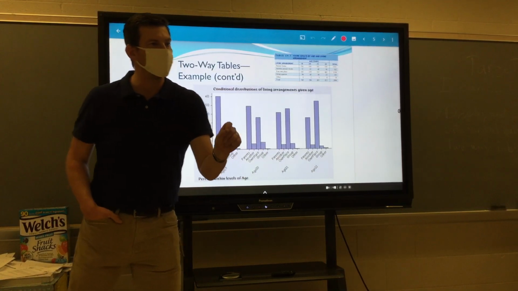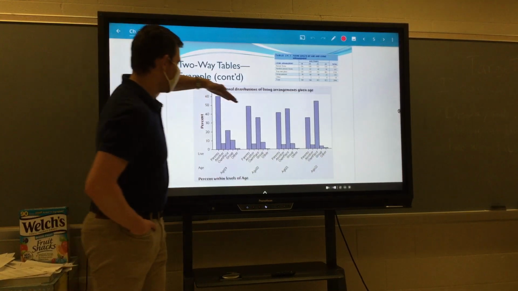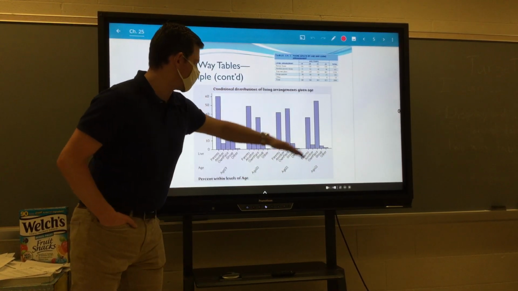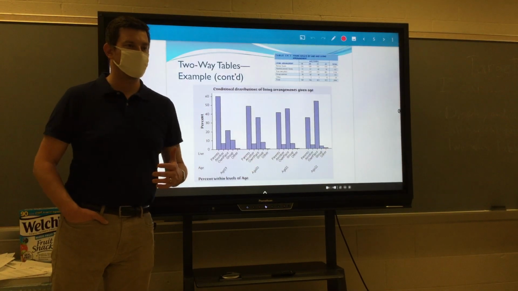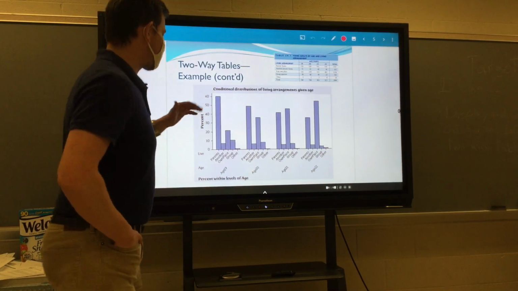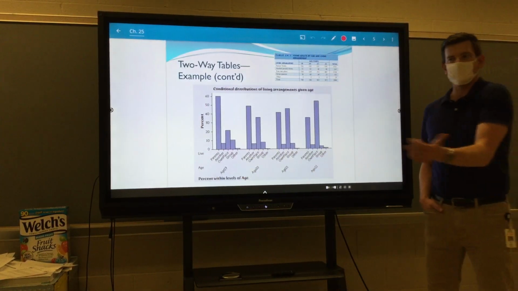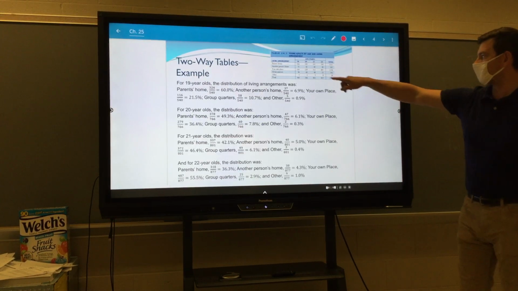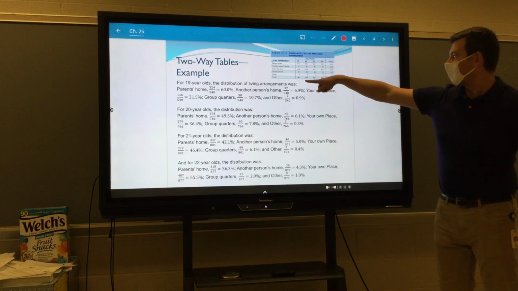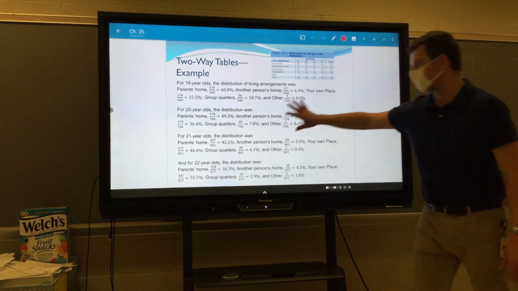The proportion of people who live with their parents goes down as their age increases, which is kind of to be expected. We see that illustrated on the graph, which wasn't necessarily evident just by looking at the numbers on the table, or the numbers in the percentages right here.